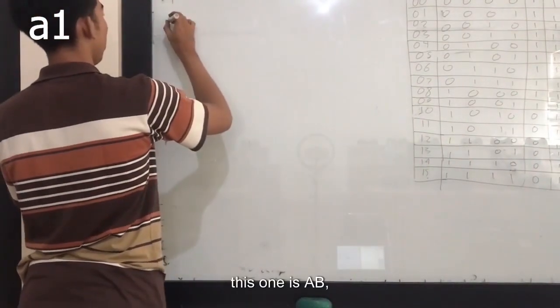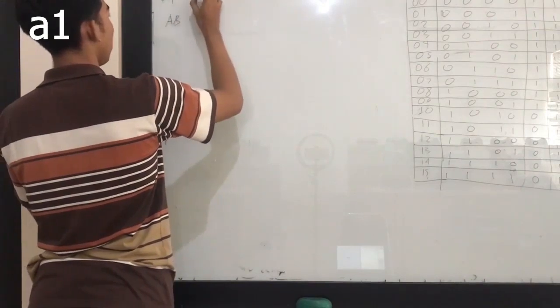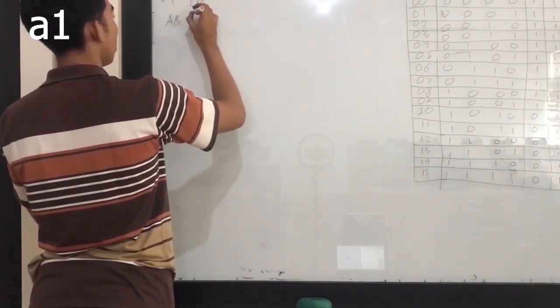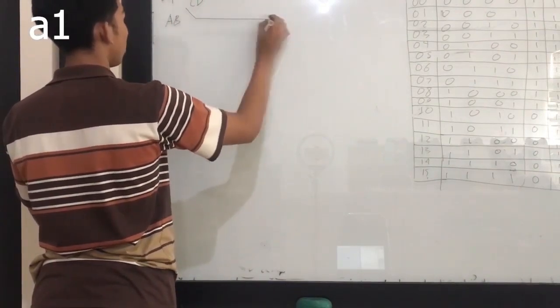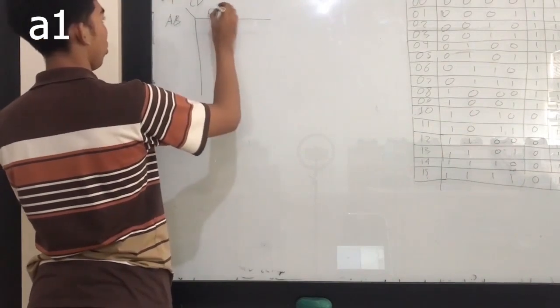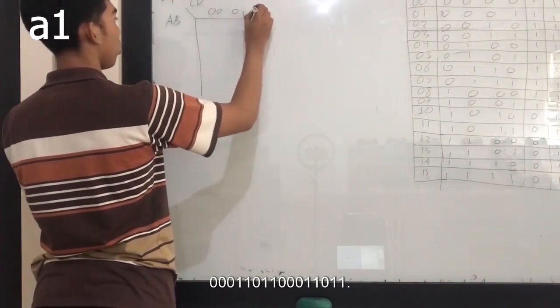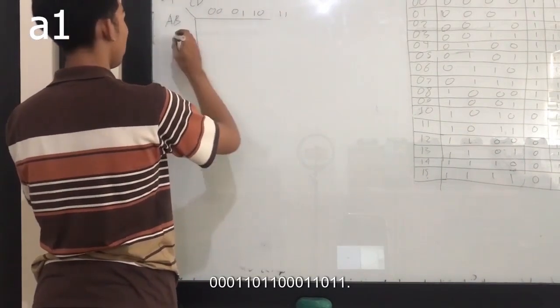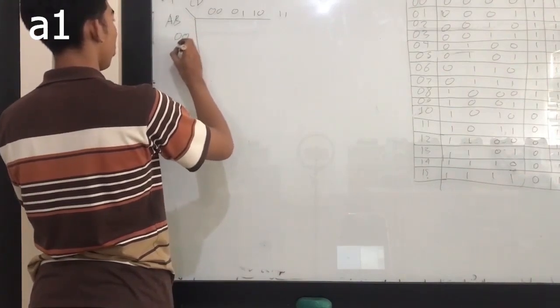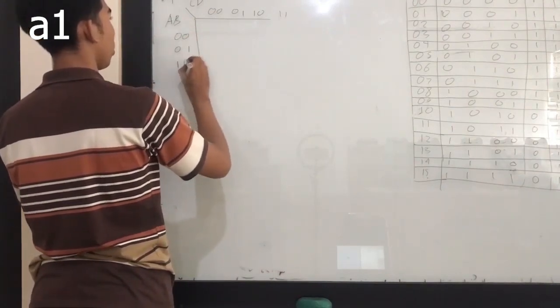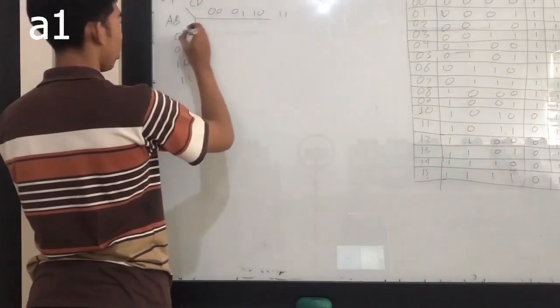Okay, this one is AB. This one is CD. So this is 0 0, 0 1, 1 1, 1 0, 0 0, 0 1, 1 1, 1 0.